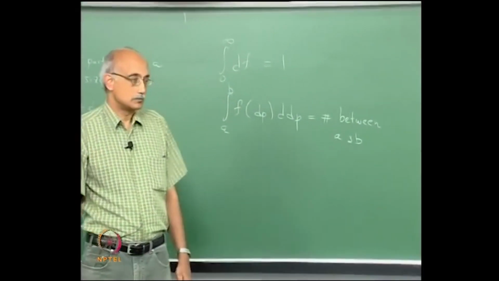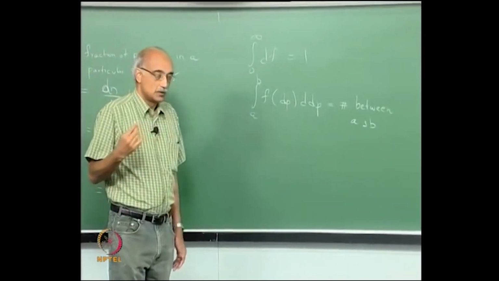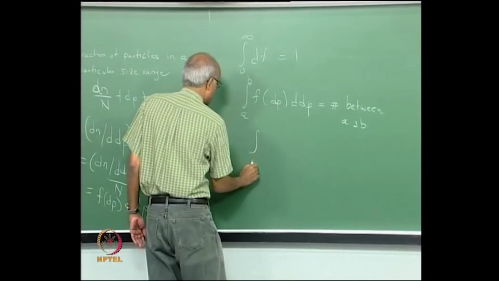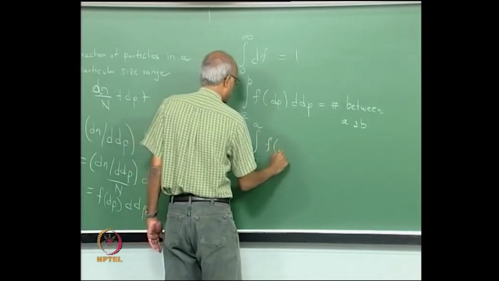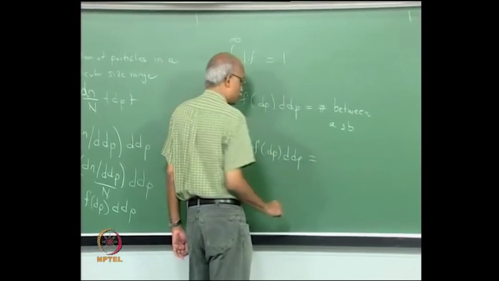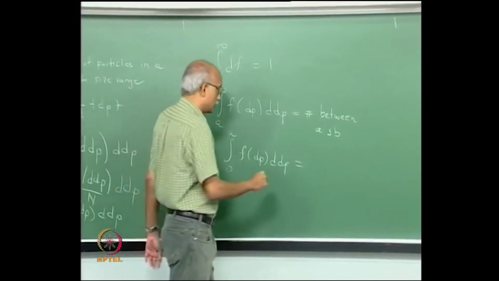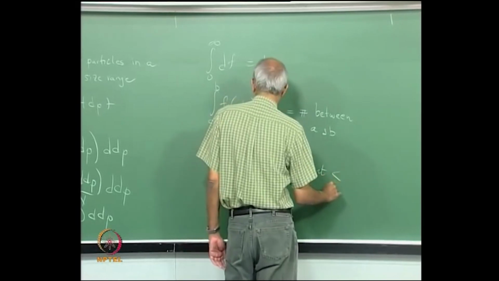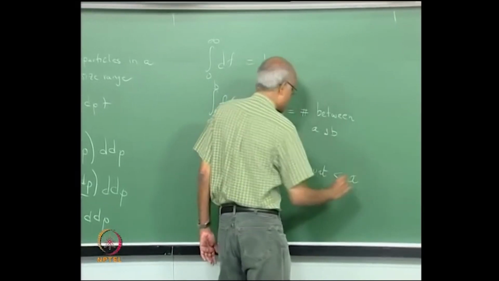Suppose you want to know all particles that are smaller than a size a. All you have to do is integral 0 to a of f of dp ddp, and this would be the count that is smaller than size a.